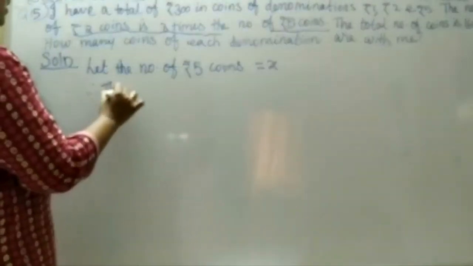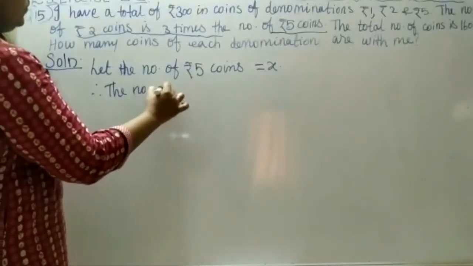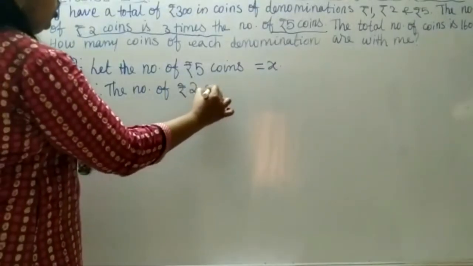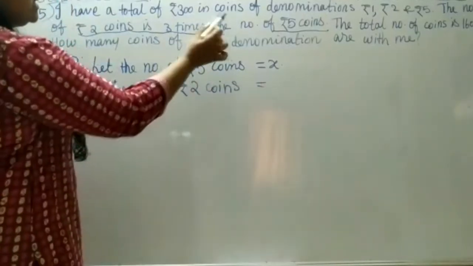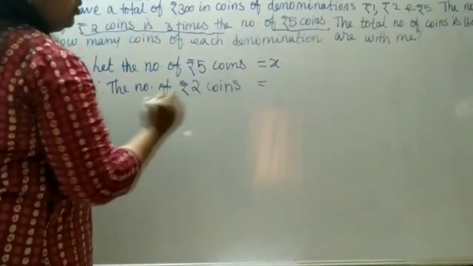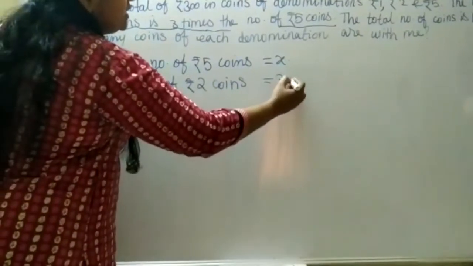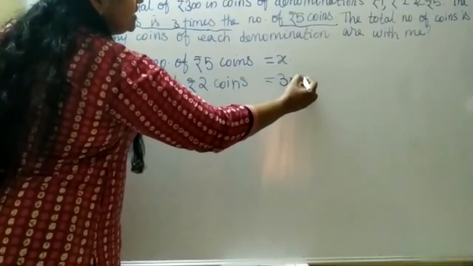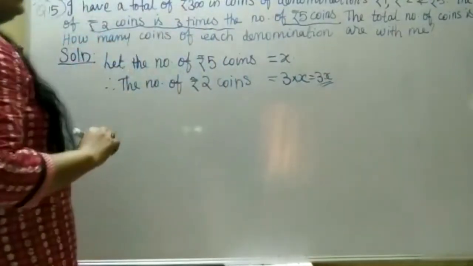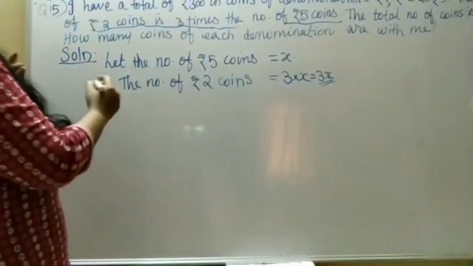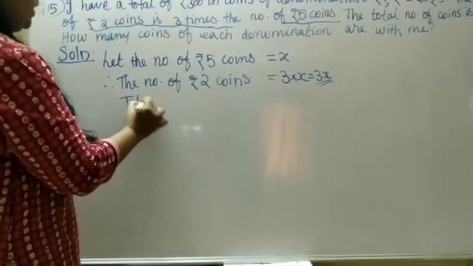Therefore, the number of rupees 2 coins equals 3 times the number of rupees 5 coins, that is 3x.